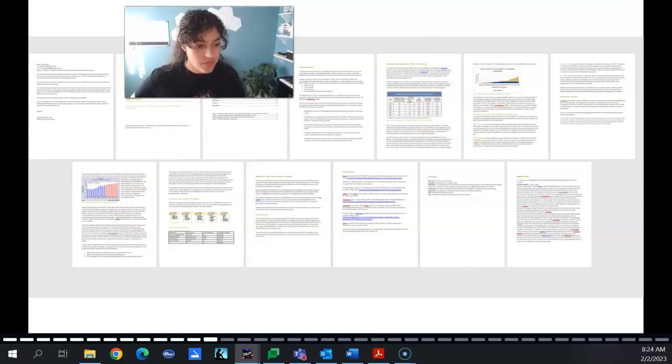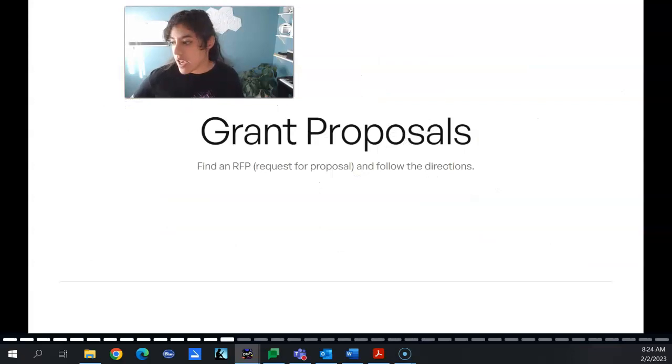Okay, now there's one specific type, we'll call it grant proposals. And we literally have a whole upper division class about grant writing and grant proposal writing. But just know with grant proposals, they are specifically asking for money, basically.